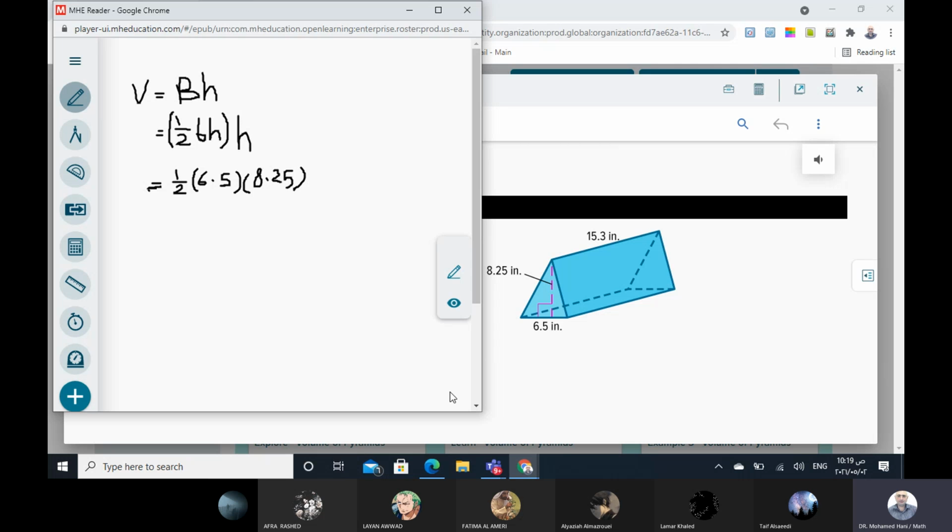Who can tell me here what is the height of the prism? Here is the height of the triangle. I write it here. But what is the height of the prism? Where is the height of the prism? 15.3. Great, 15.3.